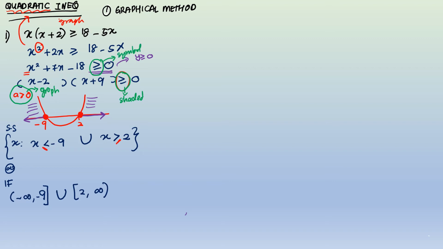We have three important things to take note of in order to write down our solution. Shading is for you to know where to shade, and the symbol is a closed one, so your answer must be put in closed form.